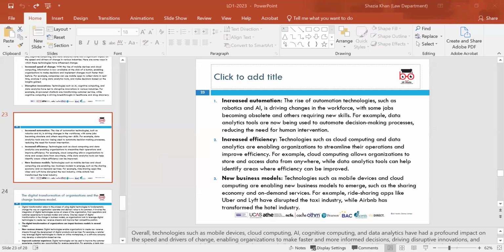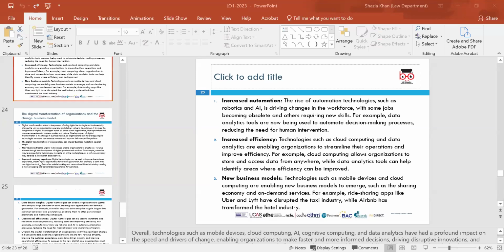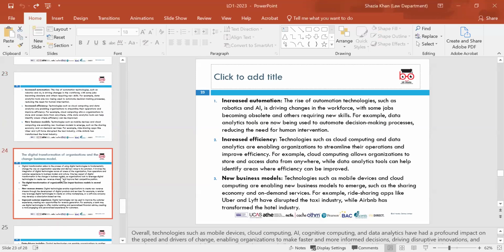New business models: technologies such as mobile devices and the cloud are enabling new business models to emerge, such as the sharing economy. For example, ride-sharing apps like Uber and Lyft have disrupted the taxi industry. They've got a big impact on it, because everyone is using Uber. Uber is the big thing now, and through apps and things, people are relying on that.